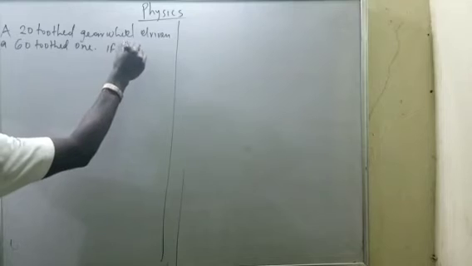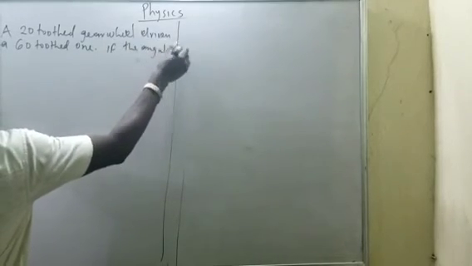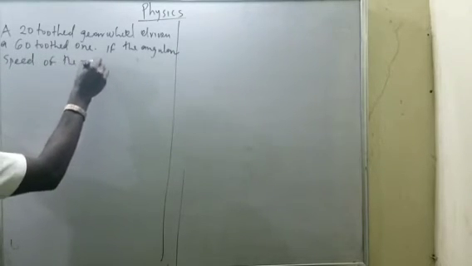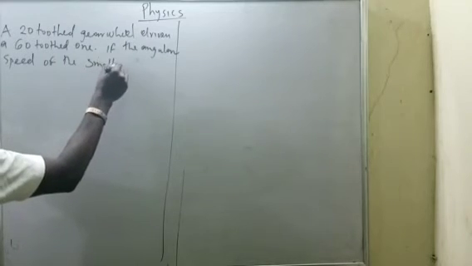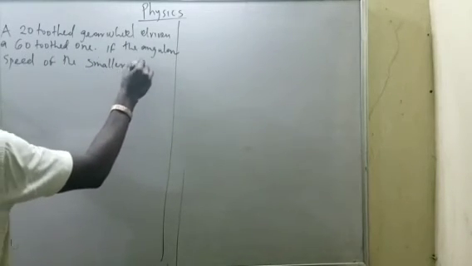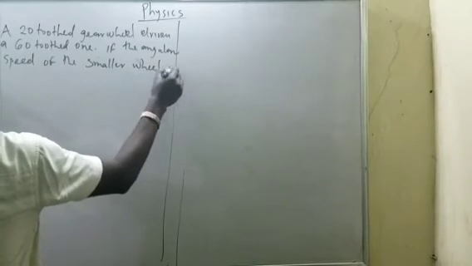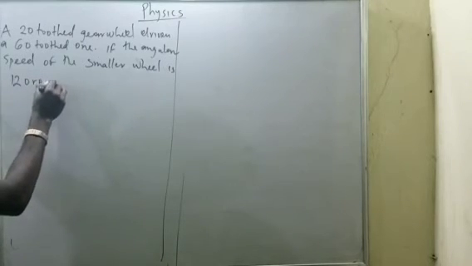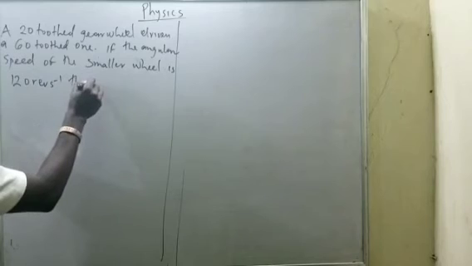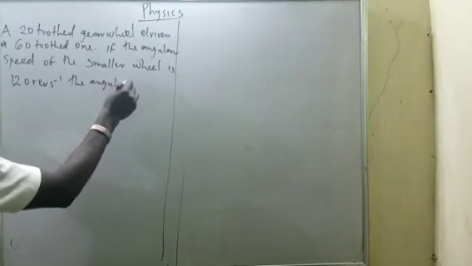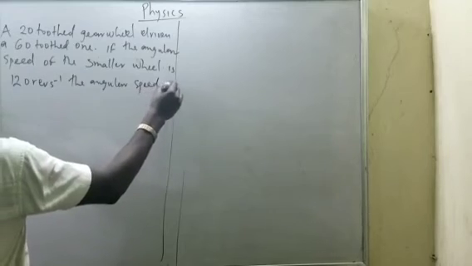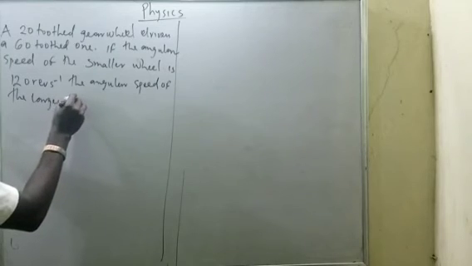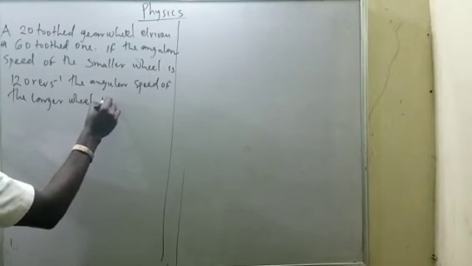If the angular speed of the smaller wheel is 120 revolutions per second, the angular speed of the large wheel is what?